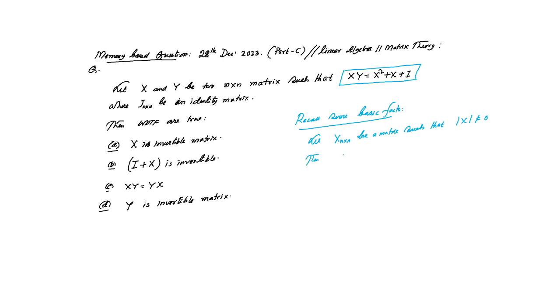Then we say X is invertible. Or we can write the fact: det X is non-zero if and only if X is an invertible matrix.